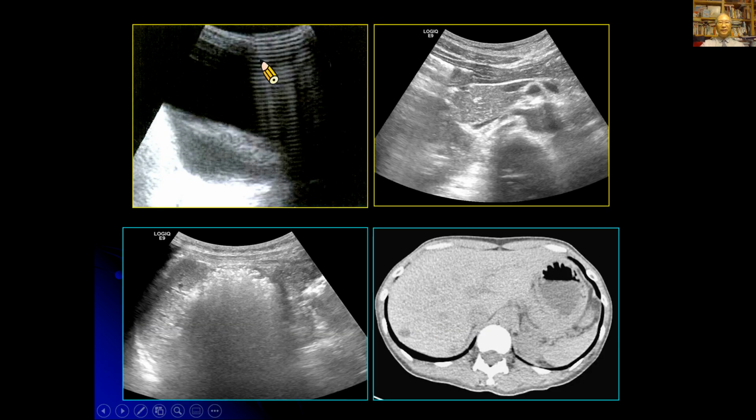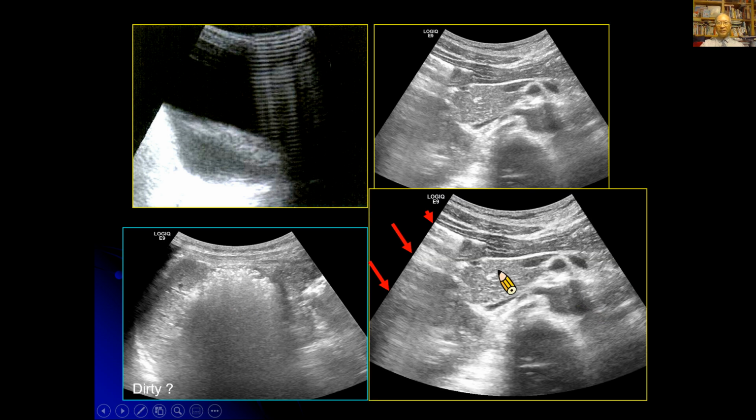So here you can see reverberation, and here a relatively complicated reverberation is the so-called dirty shadow, because it makes a lot of different reflectors here. There's a corresponding CT pattern. I magnify this for you to see the wall of the stomach and the air and the reverberation.